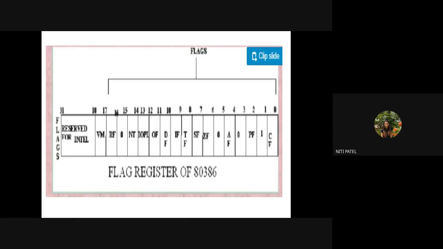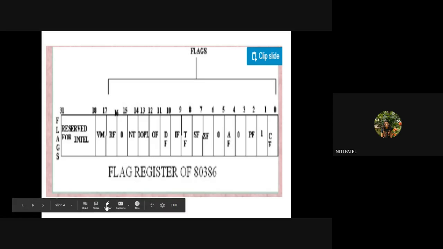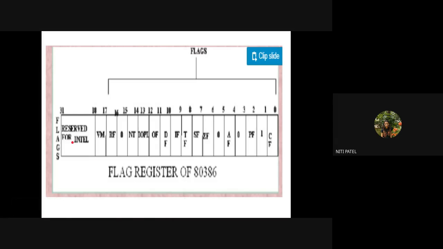But here in 80386, we have the flag register of 32 bits. Why is it 32 bits? Because the data bus and address bus of 80386 are of 32 bits, out of which bits from 18 to 31 are reserved for Intel. That means when I'm going to use my Intel as a processor, at that time these bits will be used, but until then they will be reserved, or they won't be used by the 80386 processor.